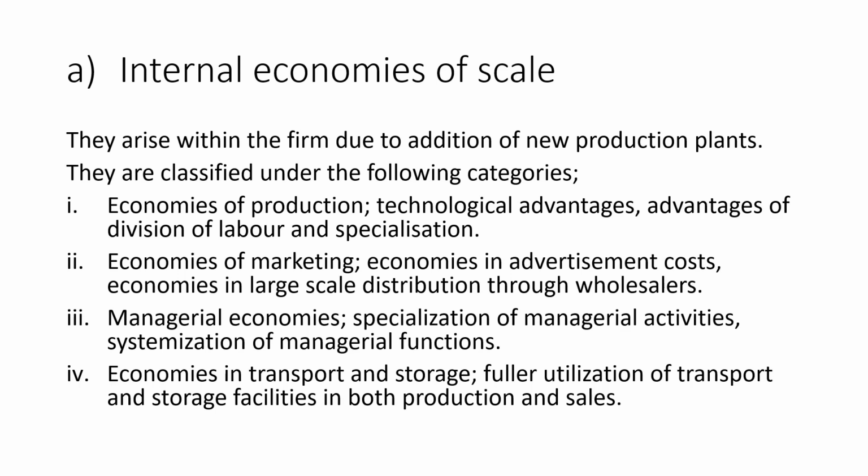So economies of production arise from two sources, that is the technological advances and then the advantages of division of labor based on specialization and skill. Under the technological advances, large-scale production gives an opportunity to the expanding firm to avail the advantages of technological advances.